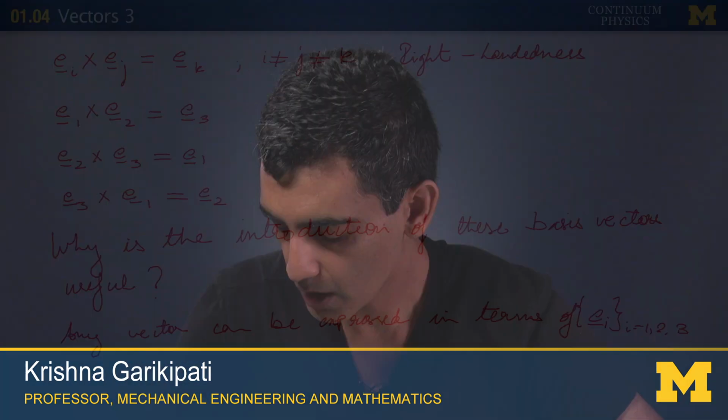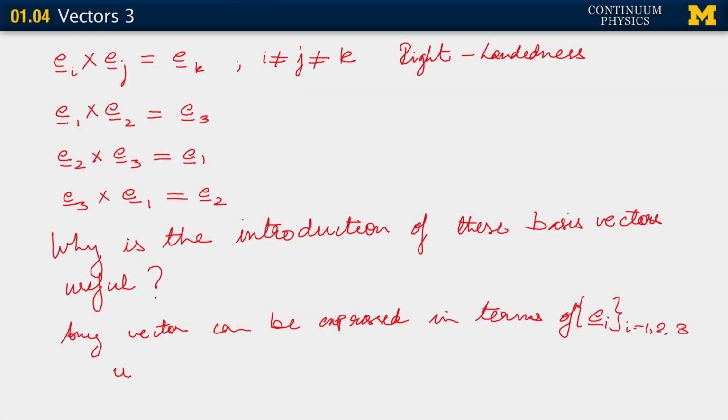In particular, if we think about our vector and we call it, let's suppose we call this vector u, we have a basis here. What it means is that we can now write the vector u equals u1 times e1 plus u2 times e2 plus u3 times e3.